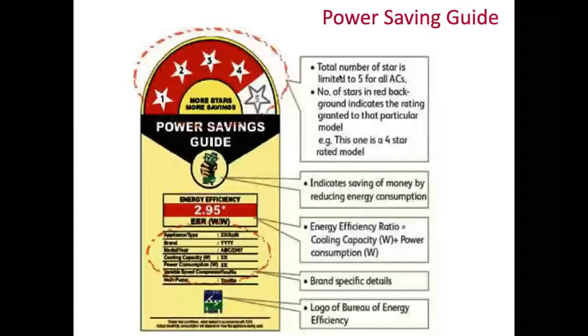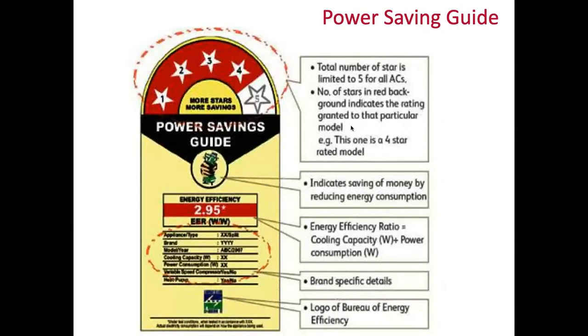Here the total number of stars is limited to 5 for all ACs, air conditioners, and the number of stars in the red block or background indicates the rating granted to that particular model. For example, this one is a 4-star rated model, so this is highlighted as 4-star rated.